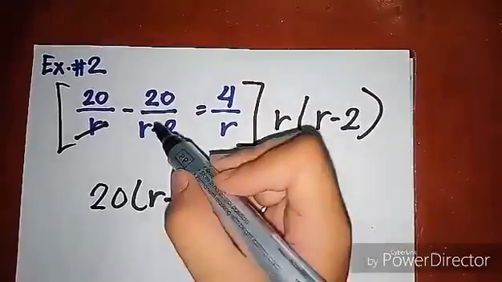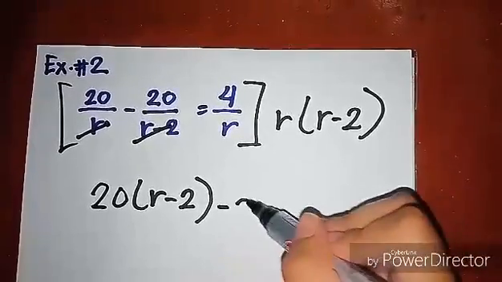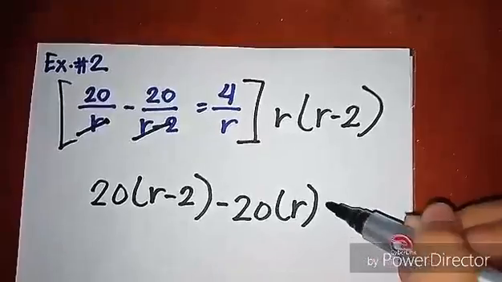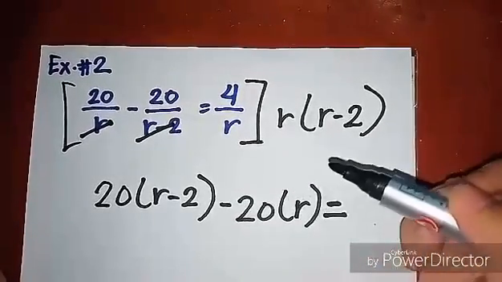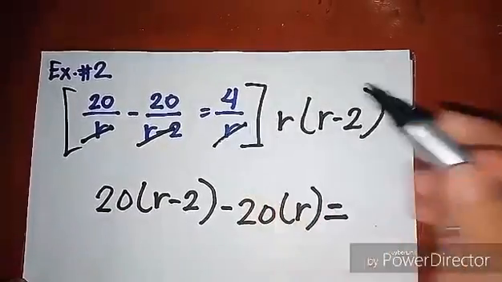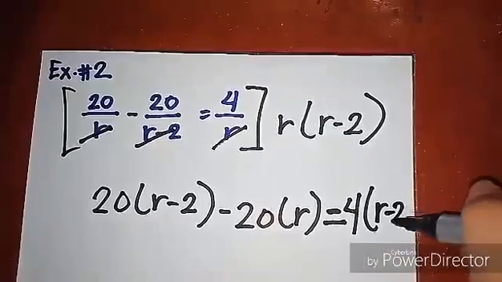Cancel out r minus 2. 20 times r equals 20r. Equals 4 over r times r minus 2. Cancel r. So 4 times r minus 2.